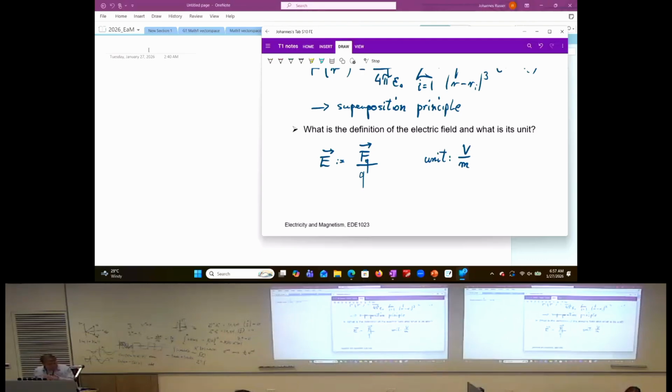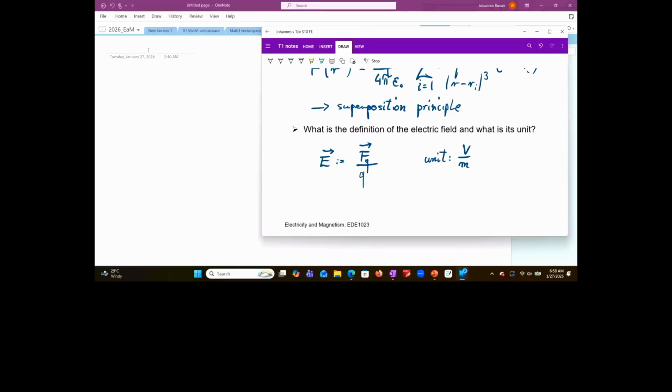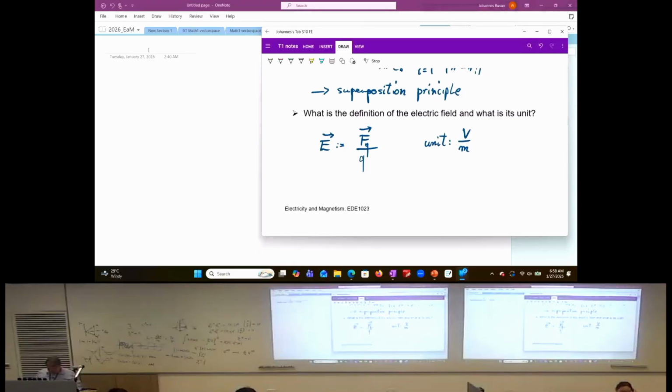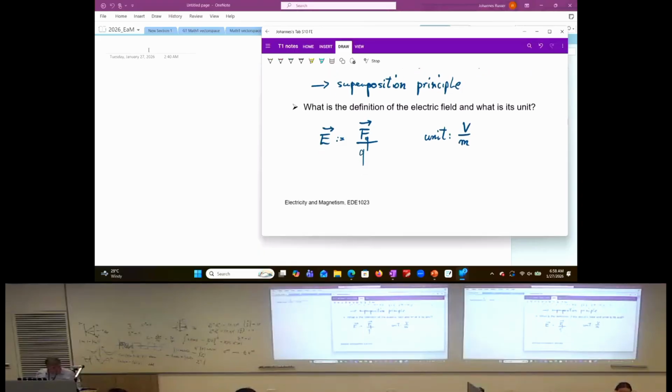So you can substitute that just like we did earlier, and then you have volt ampere second per ampere second. The ampere second goes out, and you end up with the volt per meter. So you expand it with meter in the numerator and denominator.